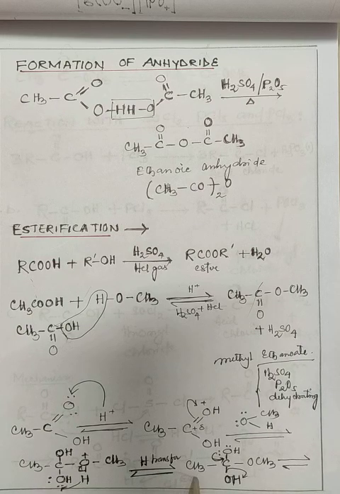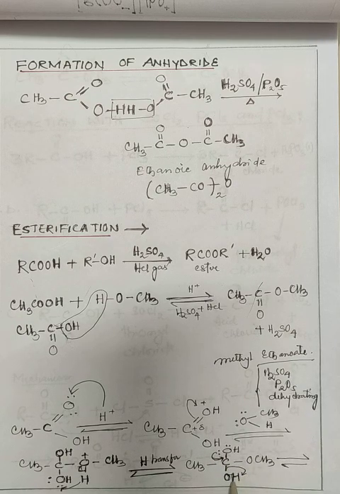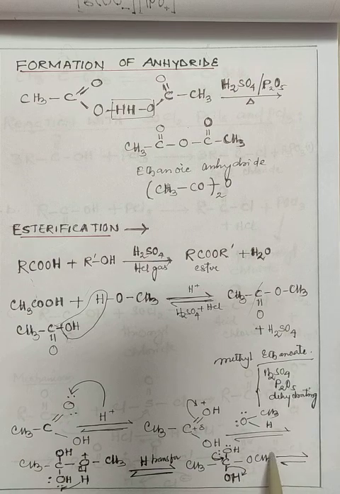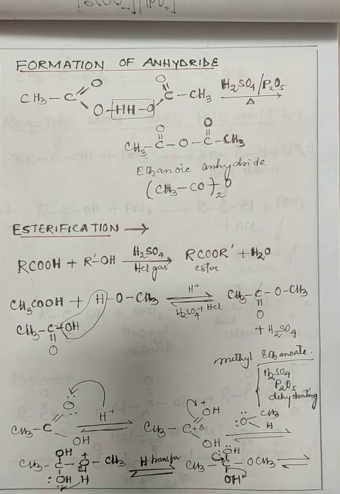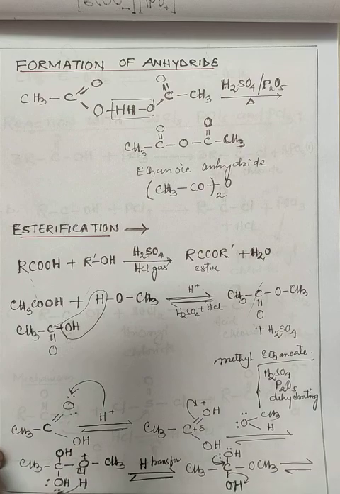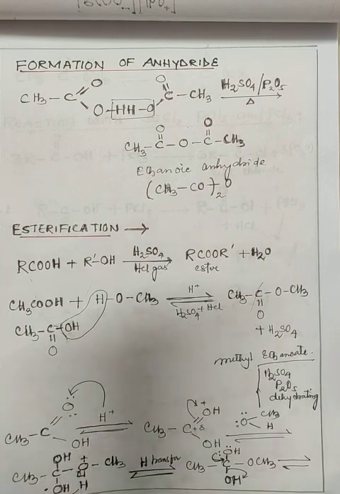When it is transferred, then CH3, then OH, this lone pair is there, so one electron pair will be given to here, a double bond will come, and then this OH will be eliminated, and OCH3 is there.